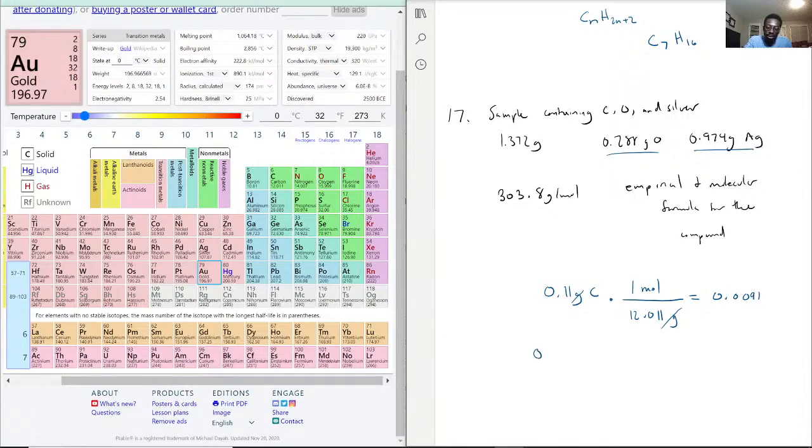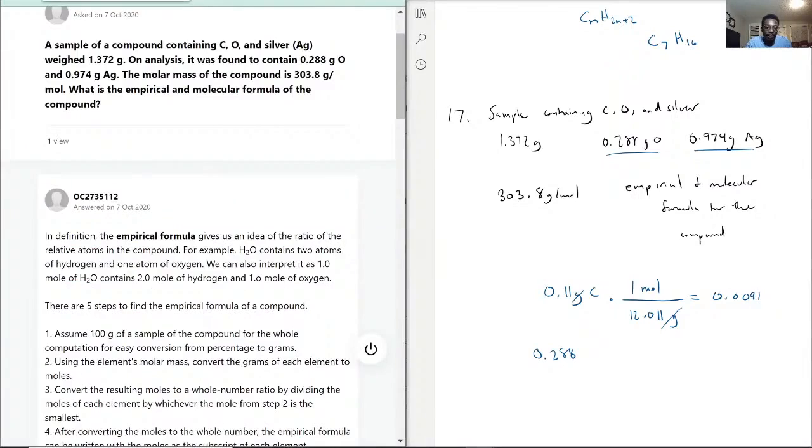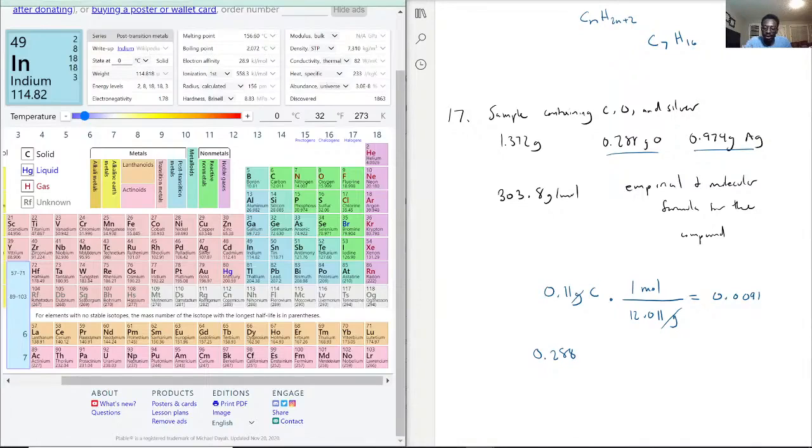Now for the oxygen, 0.288 grams of oxygen, divided by 15.999. Why did I not use double? Because we're only using the atomic mass. We can't assume that oxygen comes in pairs, because we don't know the constitution of this molecule.